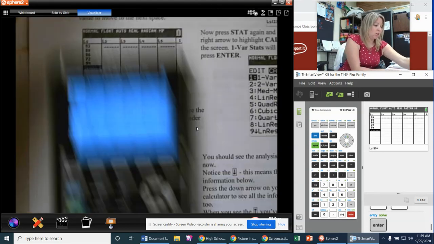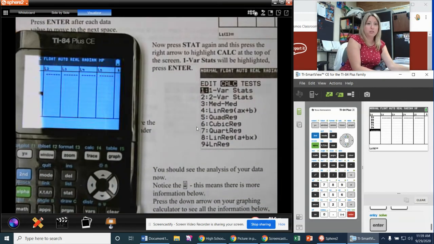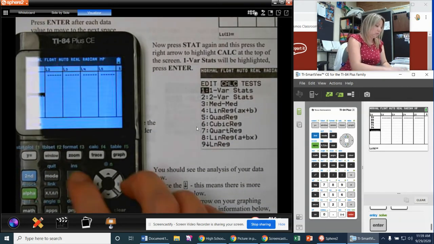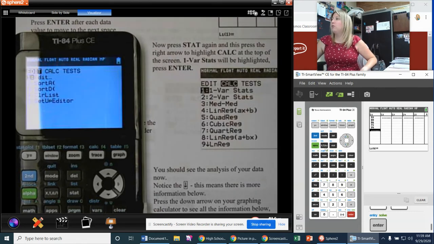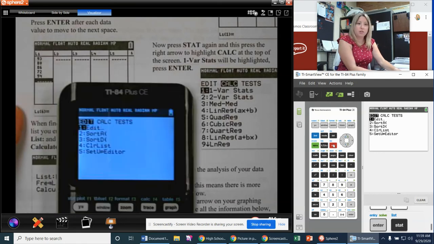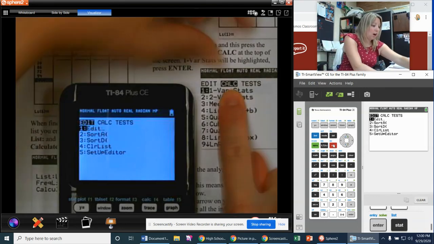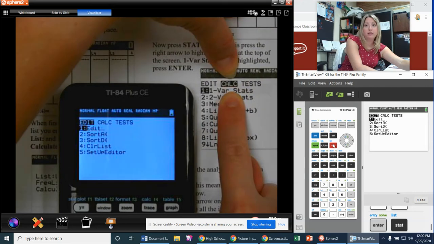Now, I just want to show you where I'm getting this. Press stat again, okay? And I'm going to do that over here. Let's fix this so you can see my screen a little bit more. Notice we're on this screen again, and we've seen this screen. But I need you to arrow right so that calc is highlighted at the top.